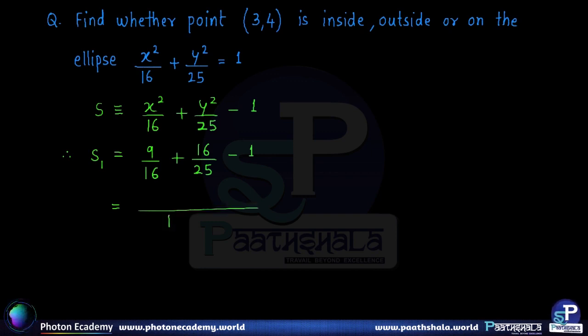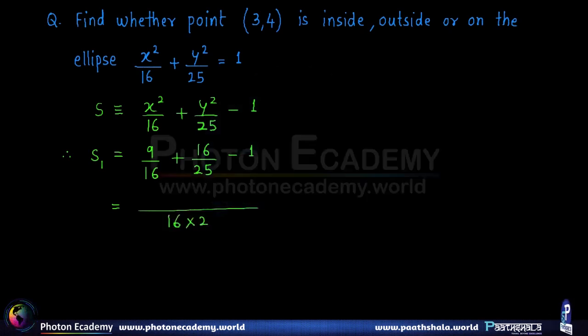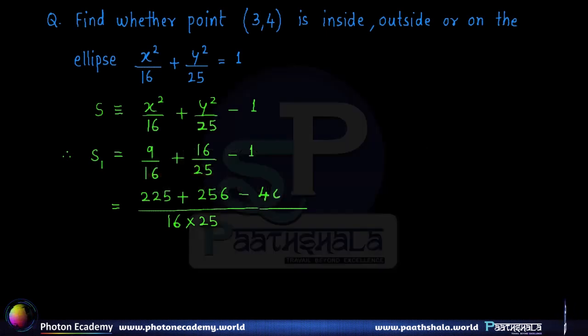So taking the LCM, we have 16 into 25, then 9 into 25 is 225, plus 16 square is 256, minus 16 into 25, so that is 400. Now see, it's not actually required to get the complete answer. All we have to know is whether this number is positive, negative, or 0.